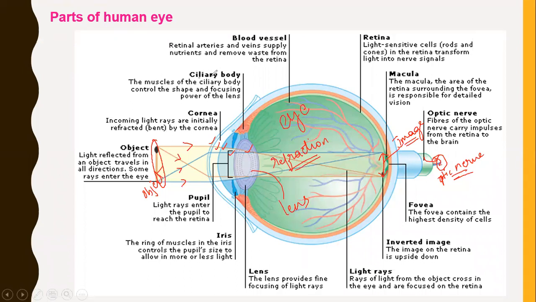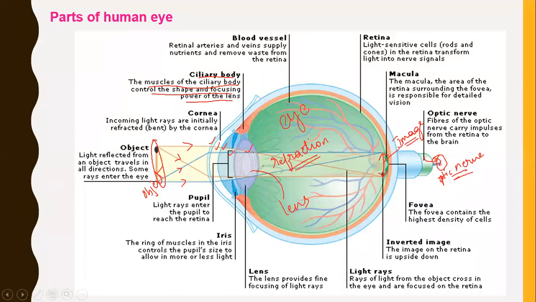Now, what is the function of the ciliary body? First, I'll be explaining only terms which are essential for us. The muscles of the ciliary body control the shape and focusing power of the lens. Now here is the lens, right? Depending on the position of the object, the lens position changes, and that is done by the ciliary body.